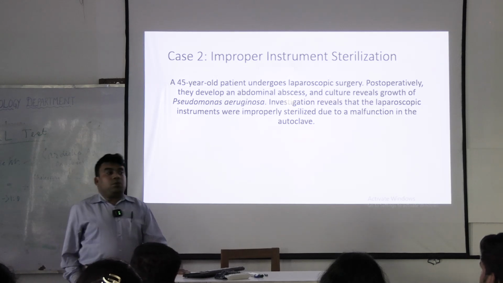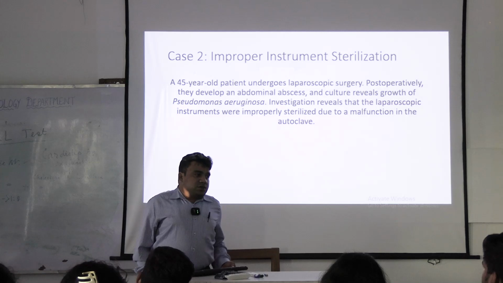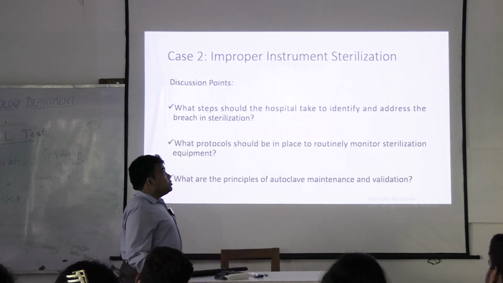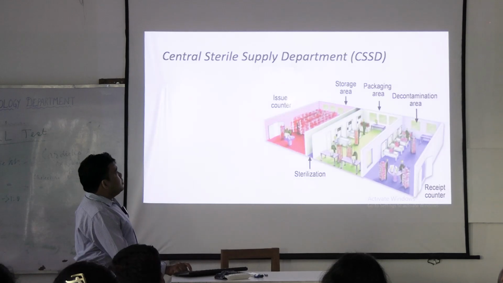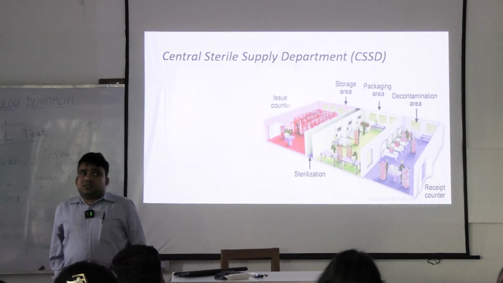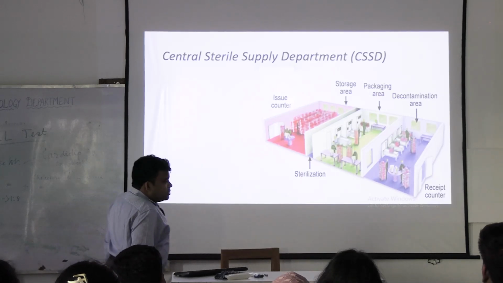Now, if we have to correct this, what do we have to do? We have to learn the process of sterilization. What are the common processes of sterilization? Let us look into it. First of all, we need to know what is called CSSD, or Central Storage Supply Department.